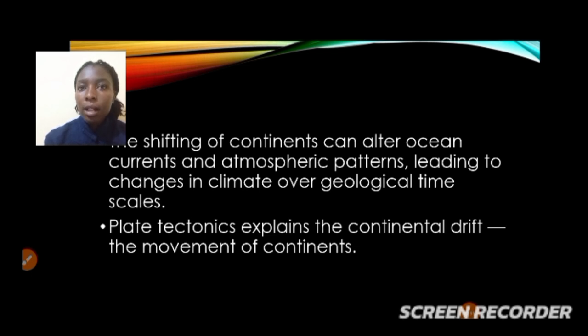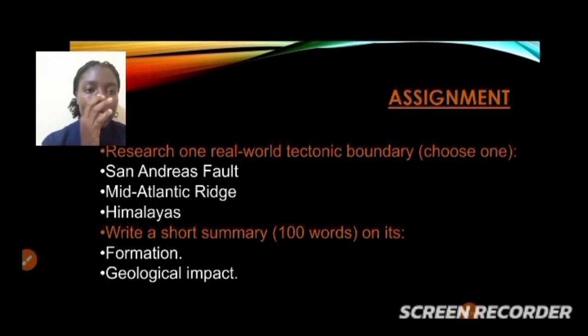Like the climate of Africa cannot be the climate of South America, since when they were one, they had one climate. And plate tectonics explains continental drift, the movement of continents.